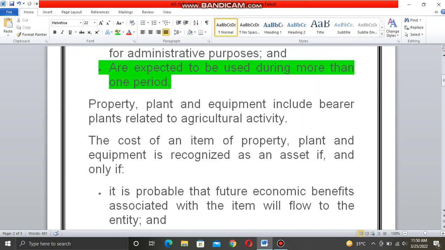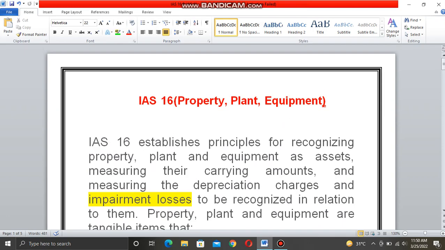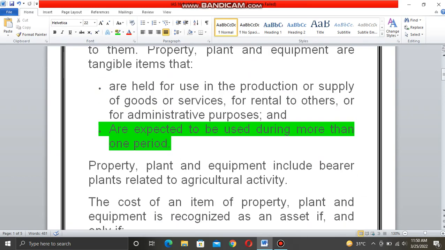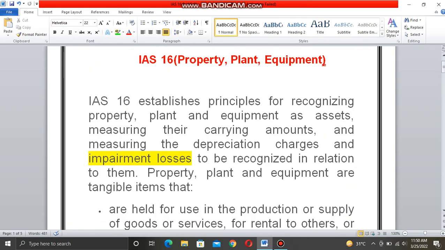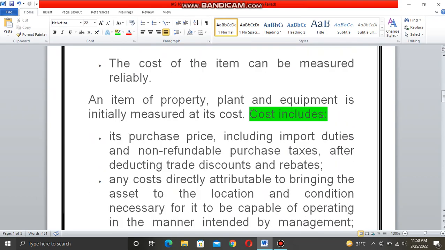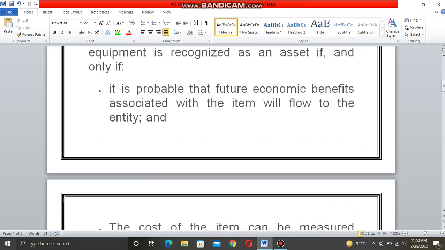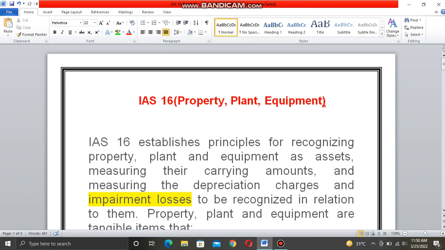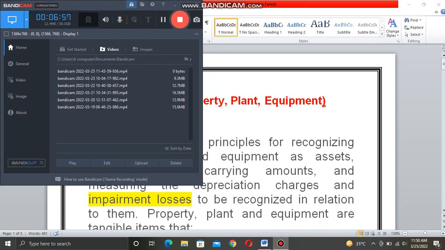All right, this is all about IAS 16 Property, Plant, Equipment. When I explain IAS 41 Agriculture in the next video, you will be clear about the differences between IAS 16 and IAS 41, what items are included in IAS 16 and which are categorized in IAS 41. You will have to be clear about it. Thank you very much.